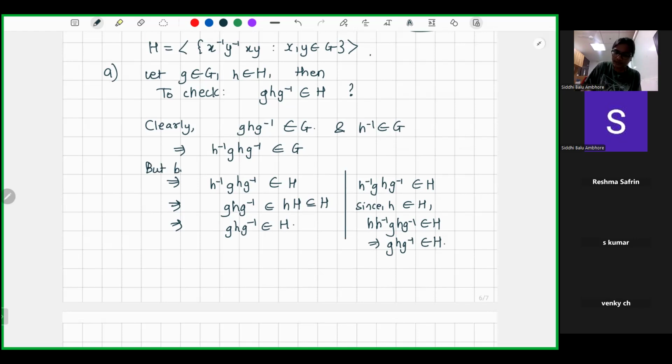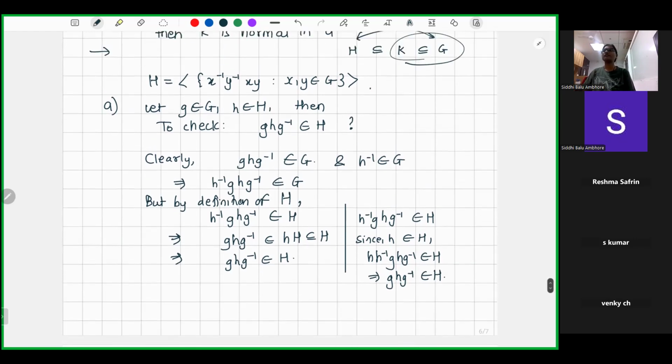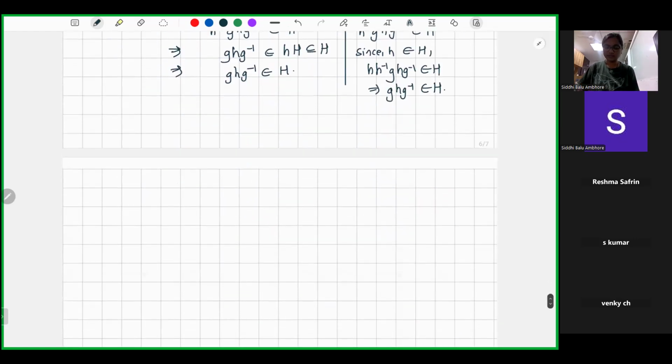But by definition of H, this h inverse g h. Any doubts here? If this is clear, please let me know. I assume that it's okay. If not, please ask.